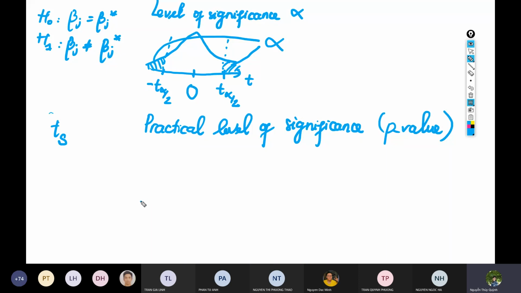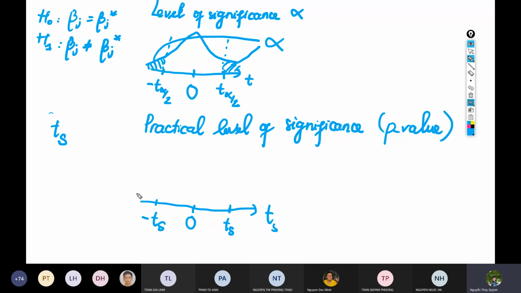Now here is the observed value of t, and the expected value is 0. For example, this one is our TS, and opposite from 0 we have minus TS.